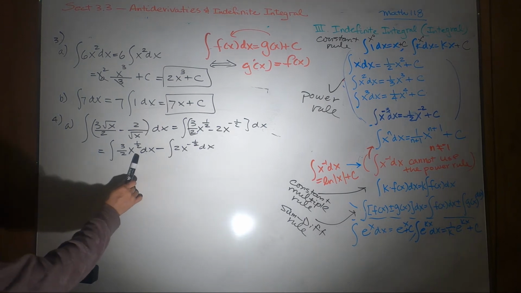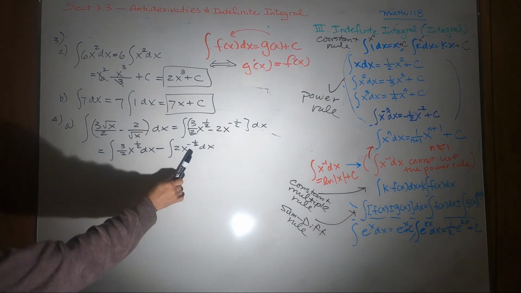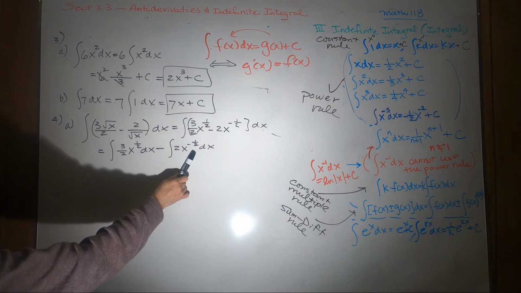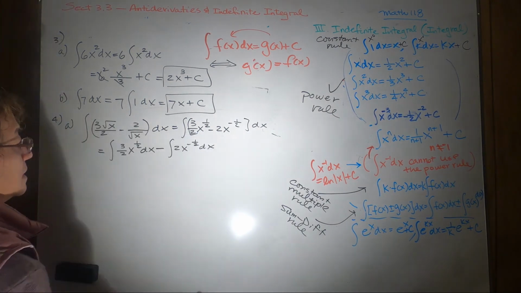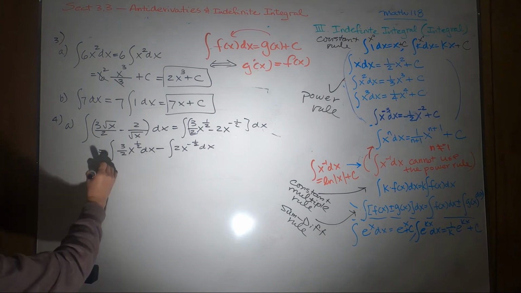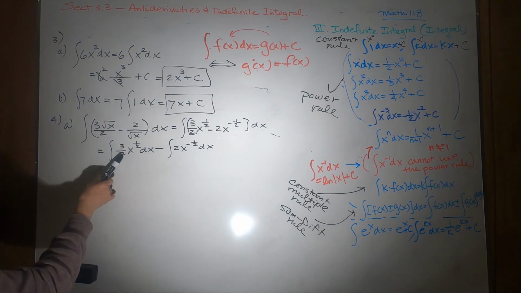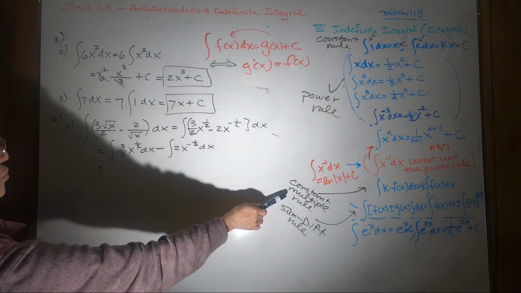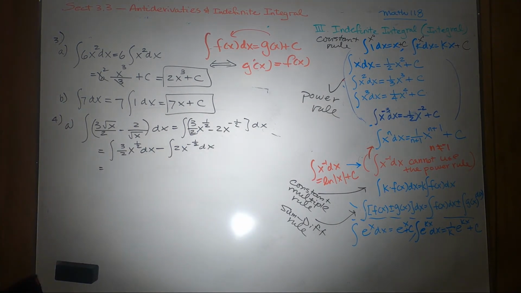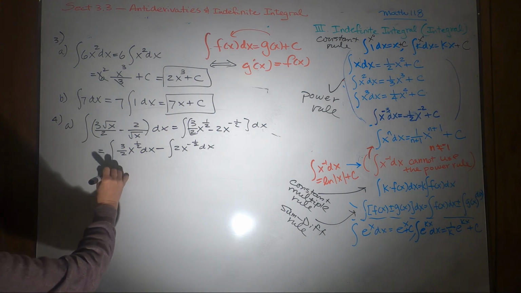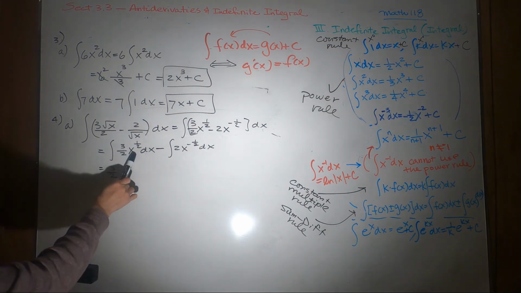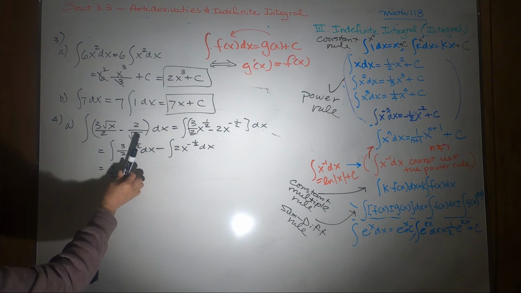Can we use the power rule for this? Yes, because the power is not -1. At the same time, we can use the constant multiple rule as well. Take the constant out, then we take the antiderivative with the power rule on this.